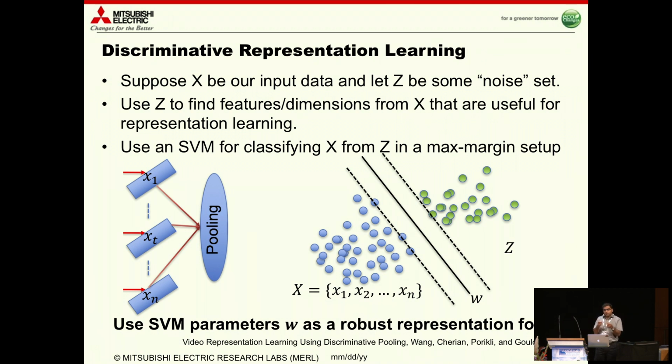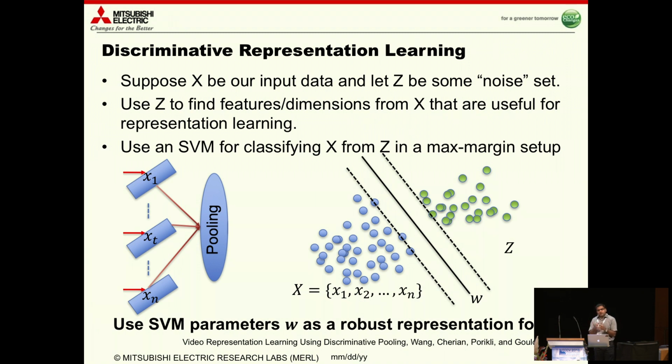If you know what a support vector machine is, it learns this hyperplane W, which is a linear combination of all the input points. Those points which are not support vectors have a weight of 0. So it's like doing weighted average pooling, where weights are 0 for some of the items which are not support vectors, and a value for those which are used as support vectors.